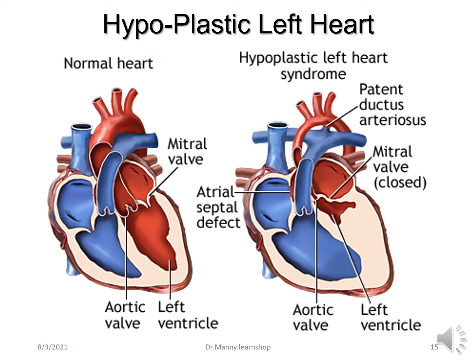This is quite a severe cyanotic heart disease problem. But essentially, as it indicates in the diagram, you've got no left ventricle, or a really severely underdeveloped left ventricle. As a consequence of that, there's no aortic valve, or a severely affected aortic valve.